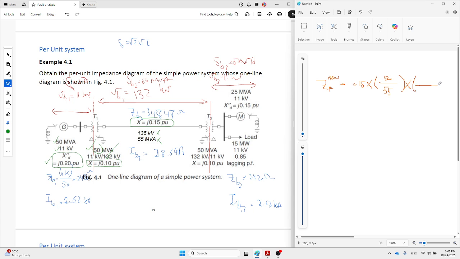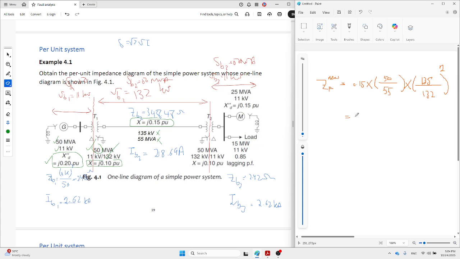Times V base old, 135, correct? Over V base new, which is 132, to the power of 2. Finally, the final answer here is 135 divided by 132 to the power of 2, times 50 divided by 55, times, sorry, times 0.15.